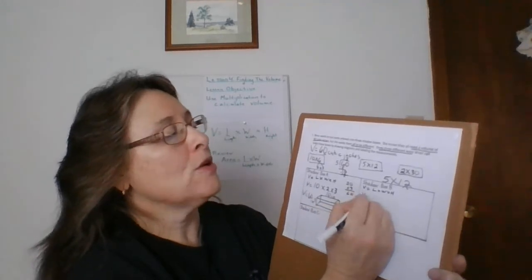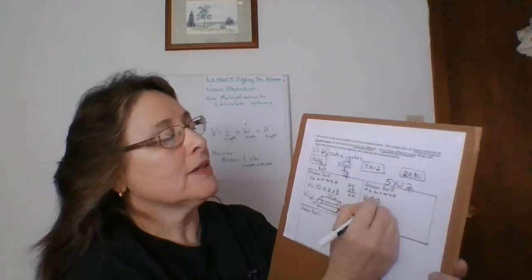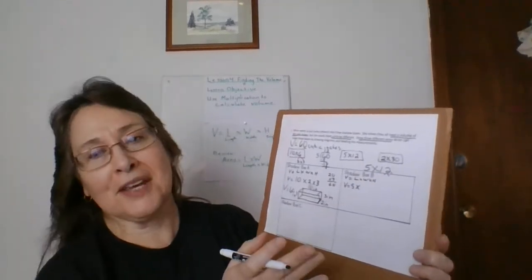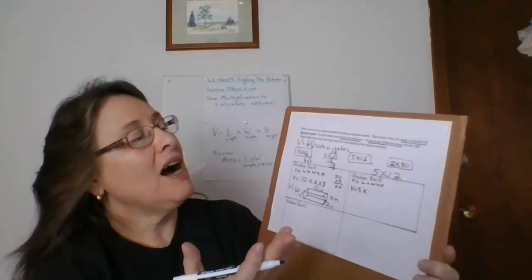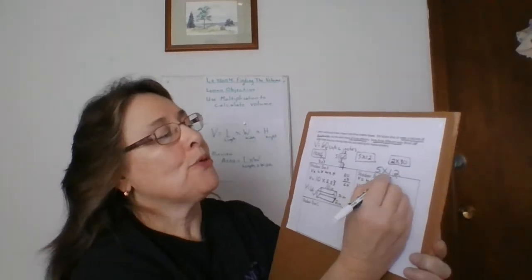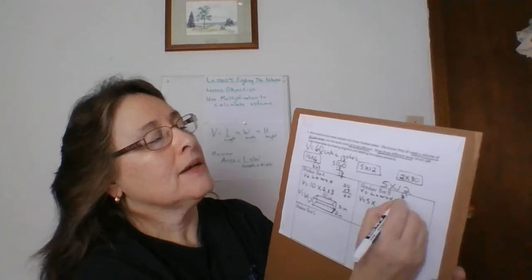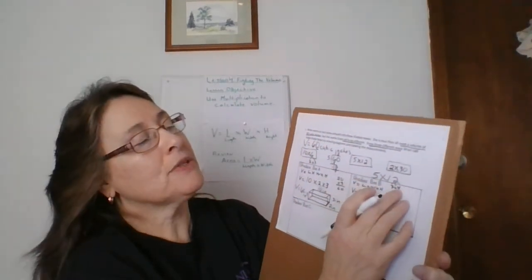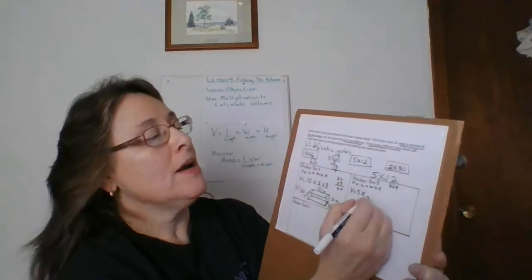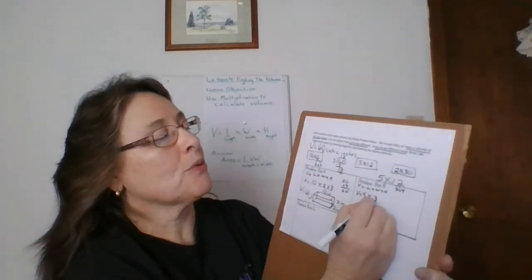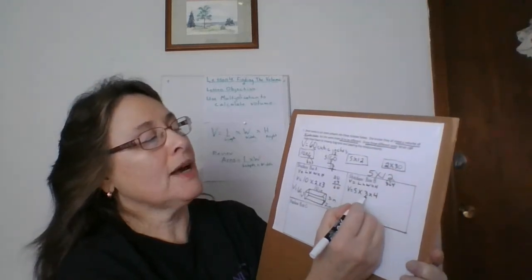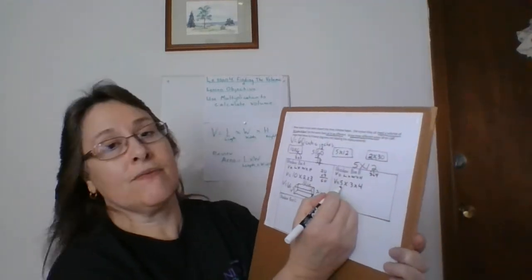So my volume would be 5 times, so what can I break up the 12 into? 12 again has a lot of factors. I'm going to do 3 times 4. 3 times 4 is 12. So I'm going to break up this 12 into 3 times 4, and I'm going to put it down here. So as you can see, I still have 3 times 4 times 5.